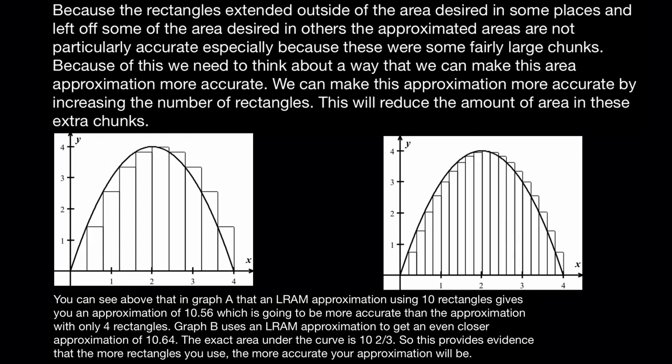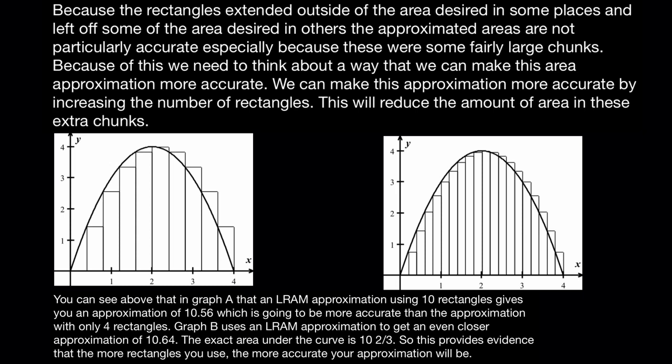Because these were some very large chunks, we need to think about the way that we can make this area approximation more accurate. We can make this approximation more accurate by increasing the number of rectangles. This will reduce the amount of area in these extra chunks.